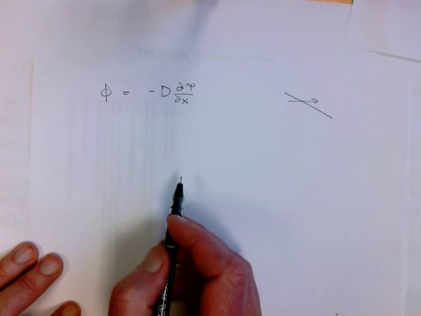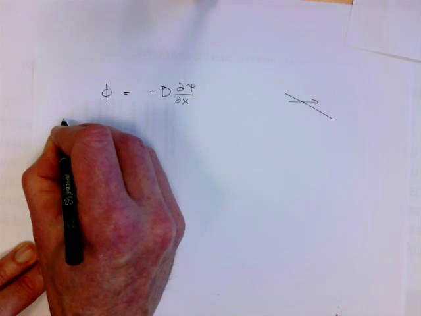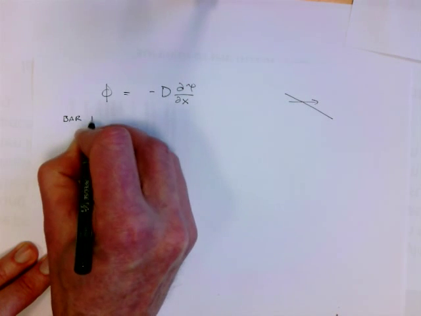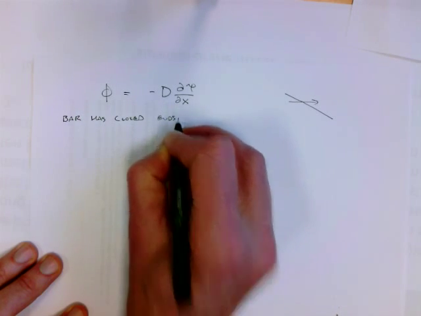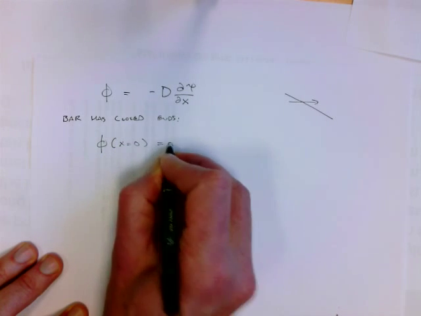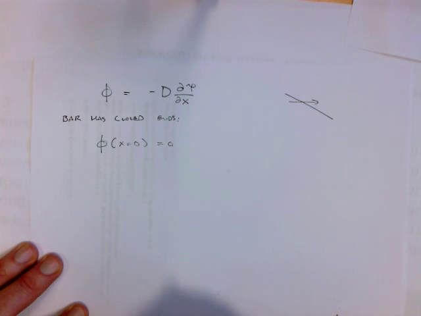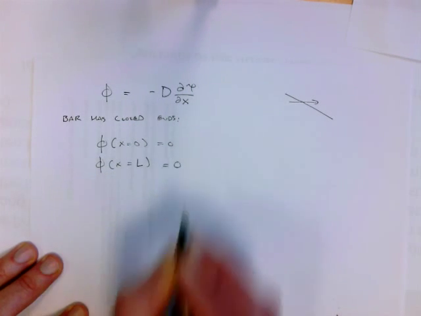If I don't have a spatial derivative, I don't have any flux. Because the bar has closed ends, the flux at x equals 0 must be 0, and at x equals L it must also be 0.